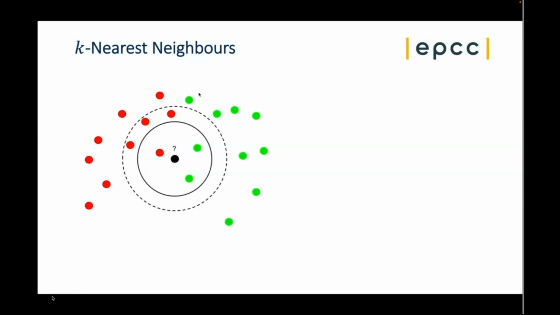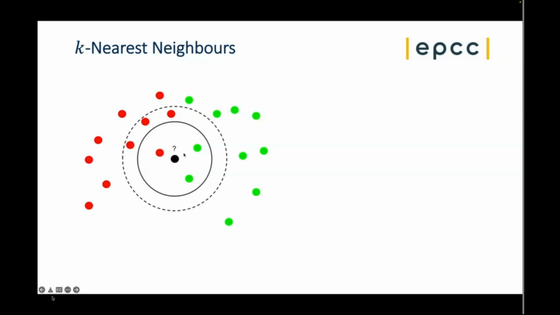And k-nearest neighbors says, okay, let's pick k equals 2, and we'll look at the two nearest neighbors to this point.